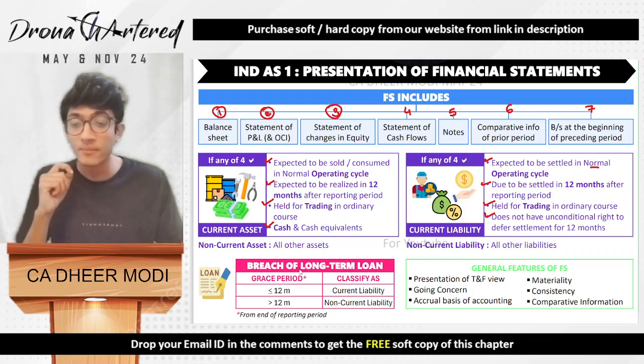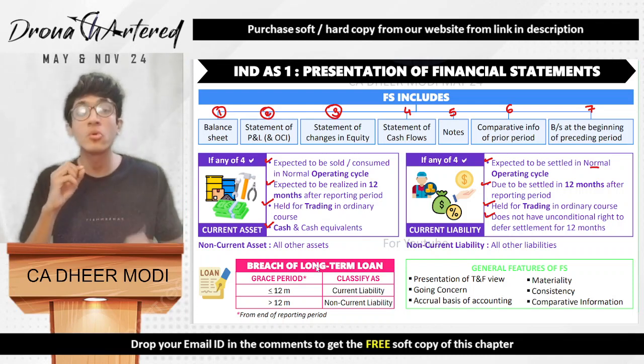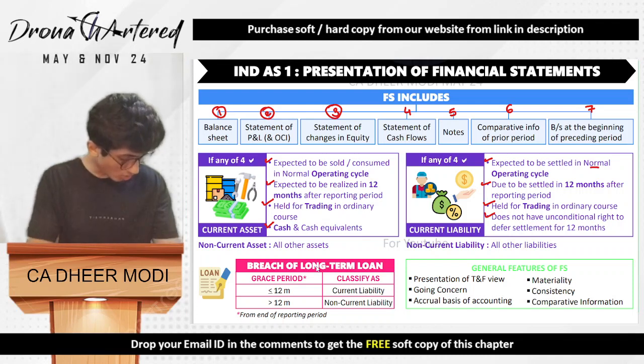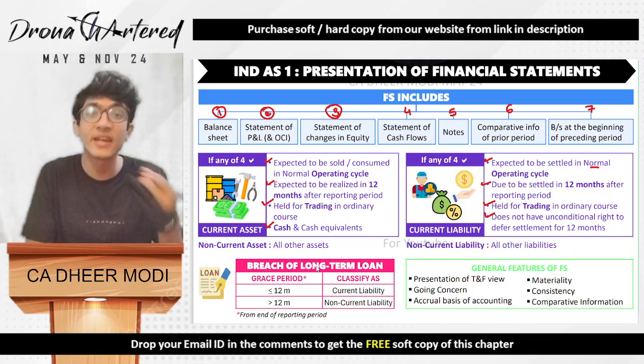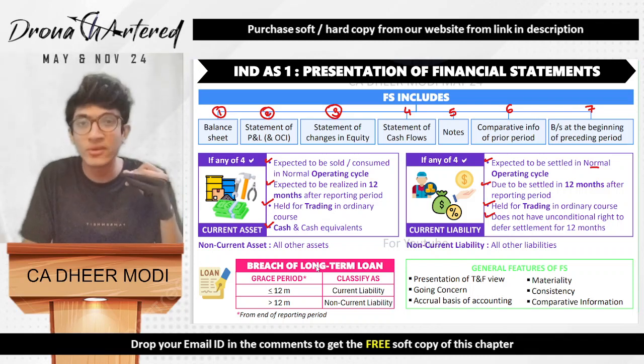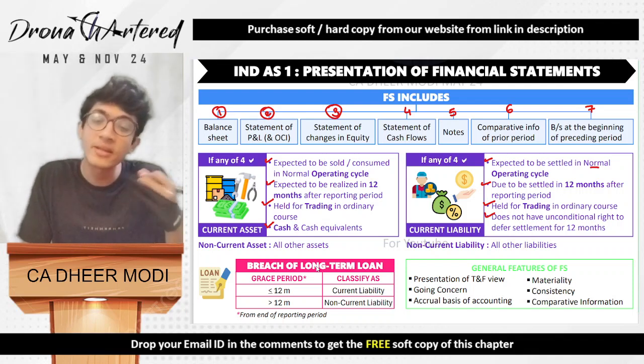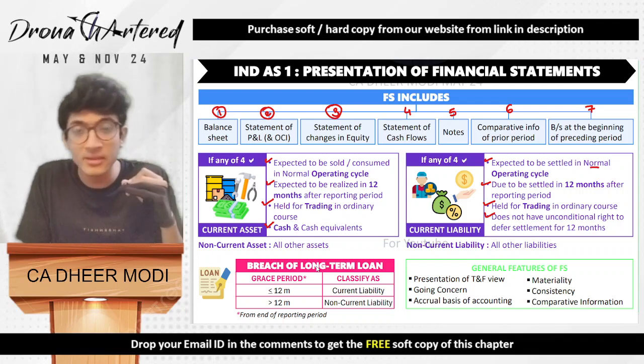Next is breach of a long-term loan. When a long-term loan is breached and you get a grace period, say your loan was due today and the bank says, don't worry, we will give you 3 months grace period.